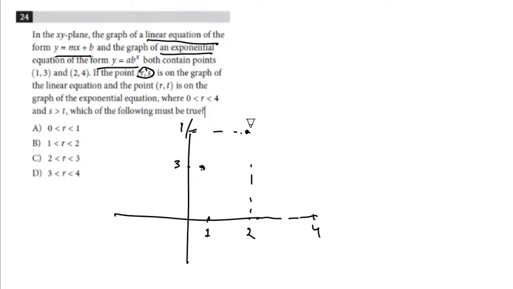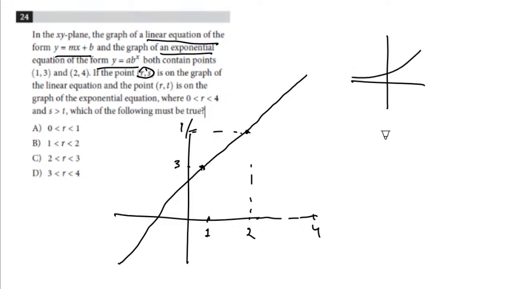So the line, we just draw a line here, as you see. So we draw the line. Okay, and we have an exponential function. What is the graph of an exponential function? It's either this or this, right?